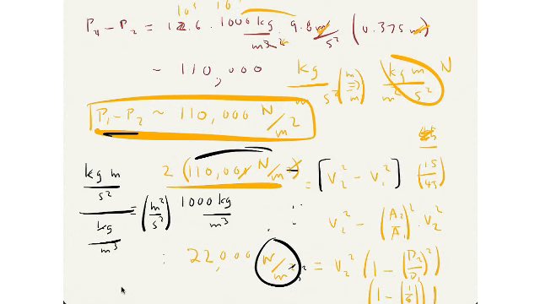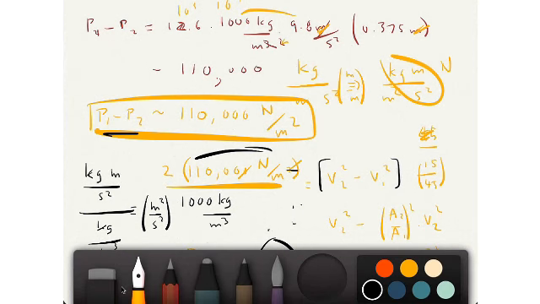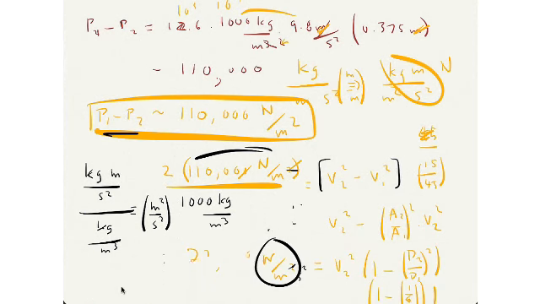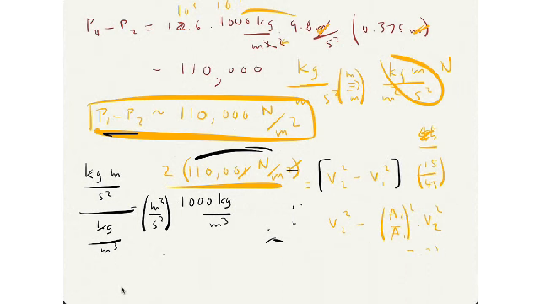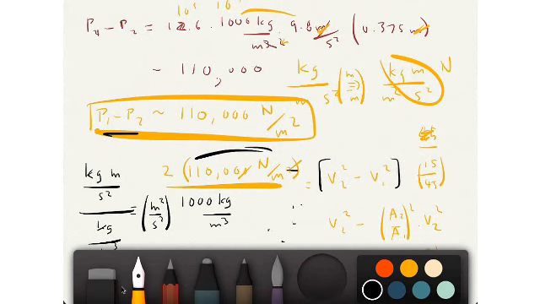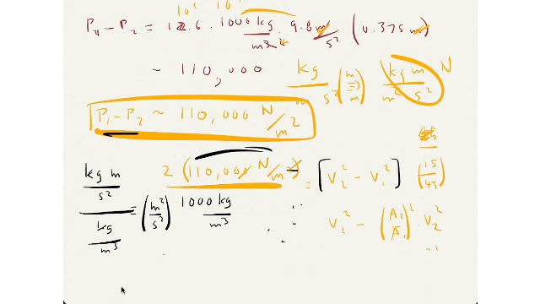So this value is wrong because I plugged that in wrong. So let's come down here. Let's just erase most of this, except that I do want to keep this guy here. I know area 2 over area 1 is 1/3. So when I square that, to put that into this value, I get 1/9.